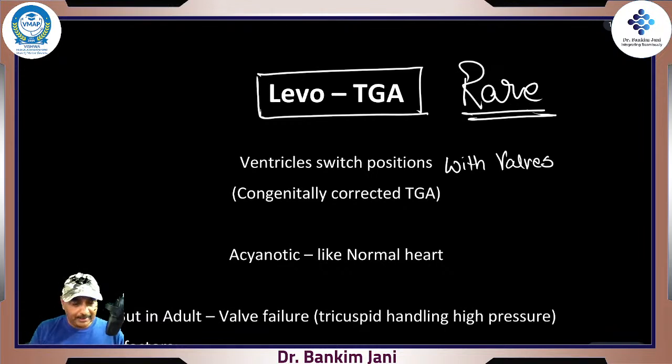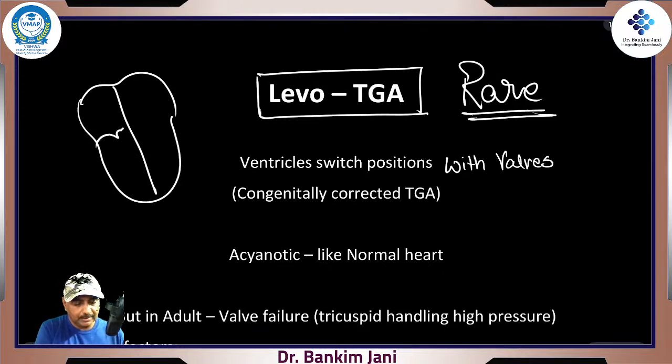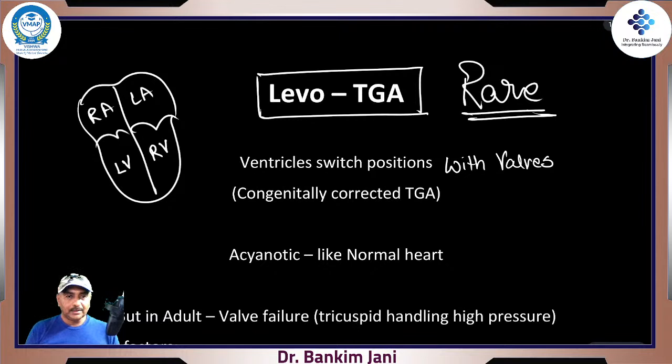It happens like this. Let's draw the heart, our standard way. So right atrium, left atrium, so far okay. But now the right atrium opens into the left ventricle and the left atrium opens into the right ventricle.